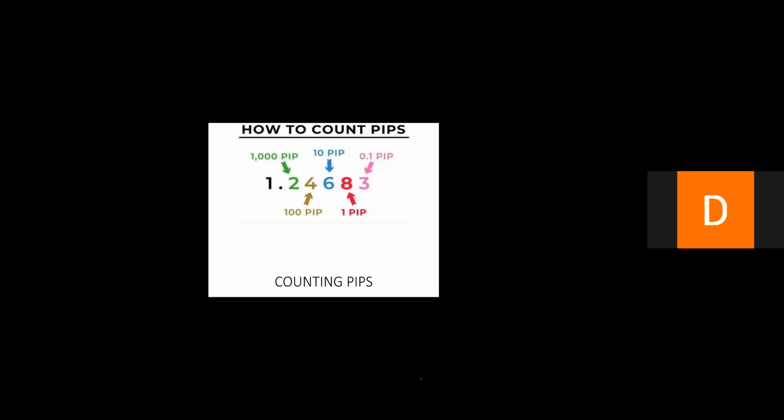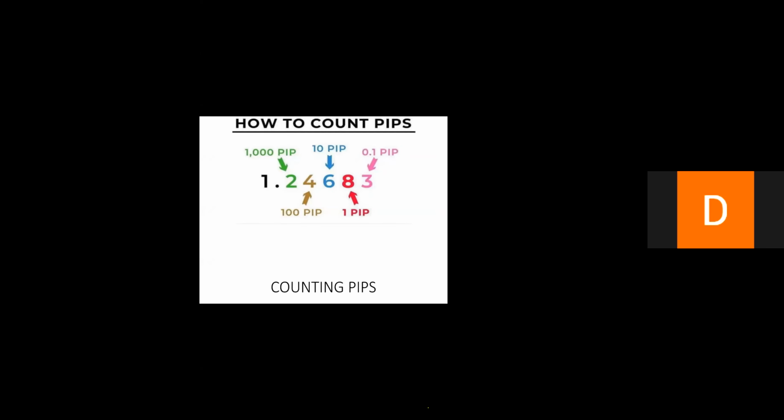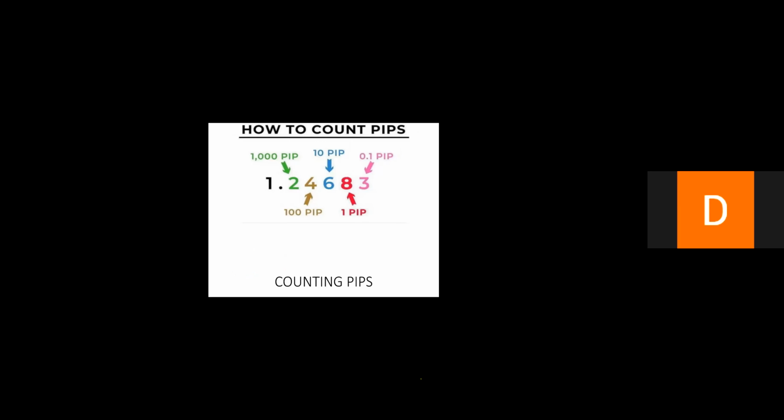Whenever we are calculating pips, make sure you are calculating for 6 digits. So 812630. Just take pen and paper so that you can understand it easily.